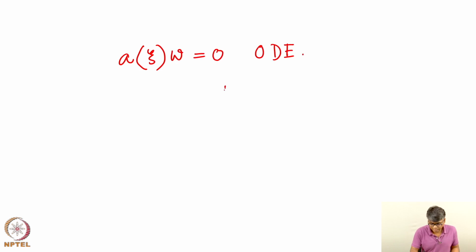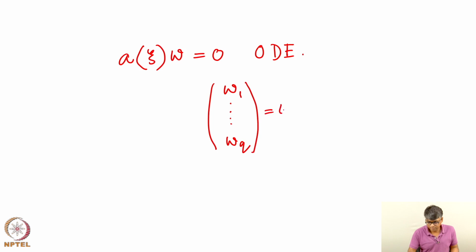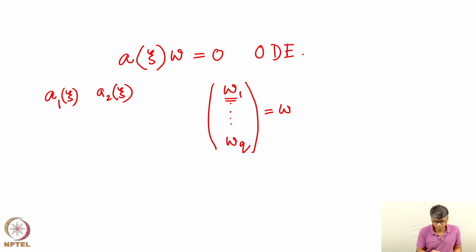Likewise, if we have w1 up to wq, if that is my w, this is my w, q tuple. I can also make a polynomial differential operator a1 act on w1, a polynomial differential operator a2 act on w2, and a polynomial differential operator aq acting on wq.